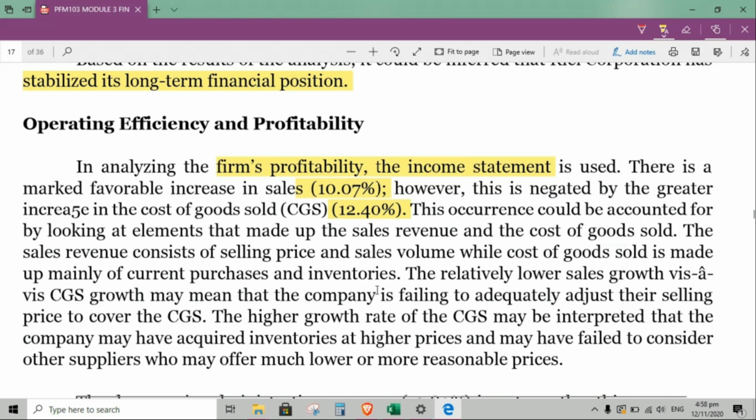Ngayon, titignan natin kung bakit ganon yung nangyari. So, the sales revenue consists of selling price and sales volume, while cost of goods sold is made up mainly of purchases and inventories.